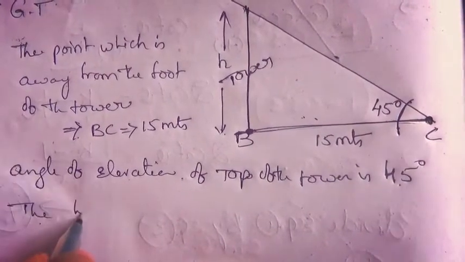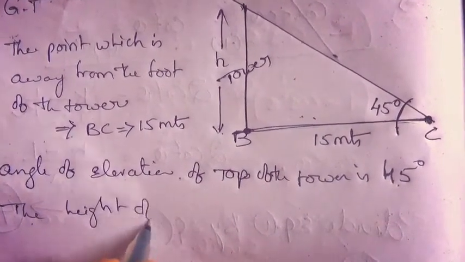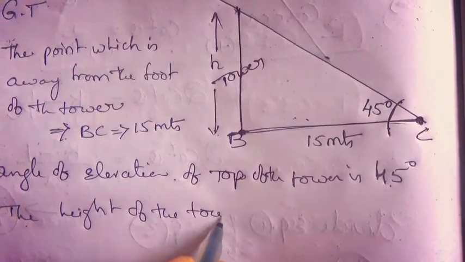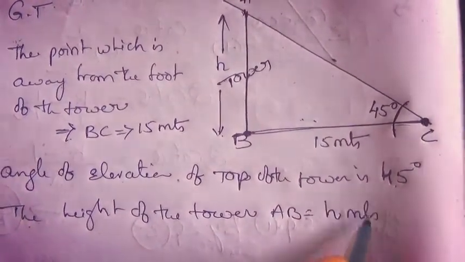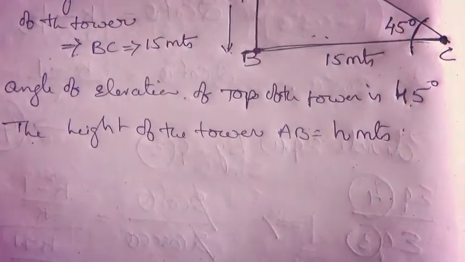The height of the tower AB is equal to H meters. That we have to find out.